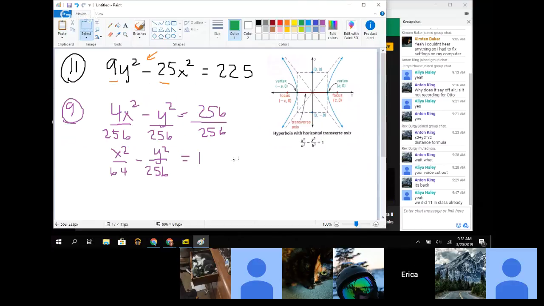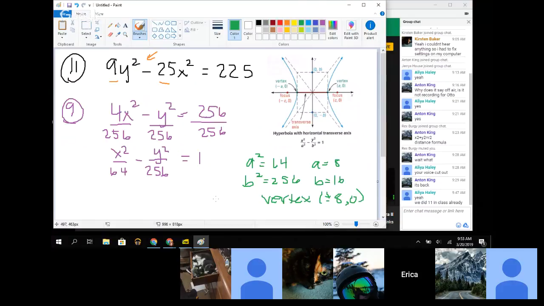We know that a squared equals 64 and that b squared equals 256, which means that a equals 8 and b equals 16. So your vertices are going to be at plus or minus 8, 0.